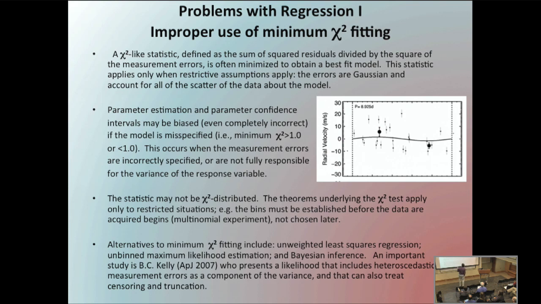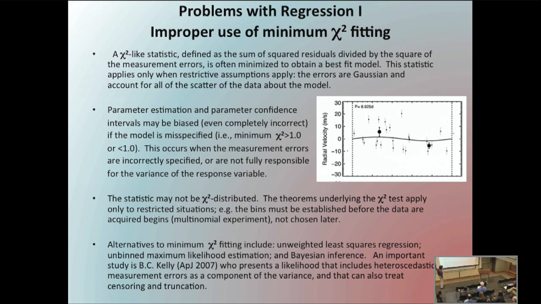So when the measurement errors are incorrectly specified or are not fully responsible for the variance of the response variable, only when chi-squared does approach 1 can you get the right parameters and get the right confidence intervals of them. And you don't even know exactly how close to 1 you have to be for this to be true.